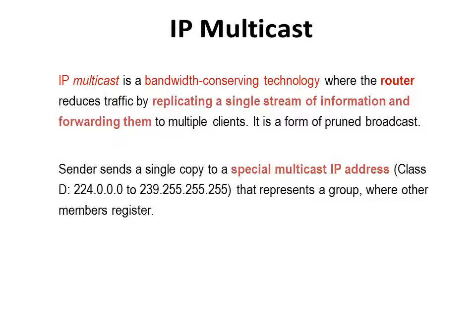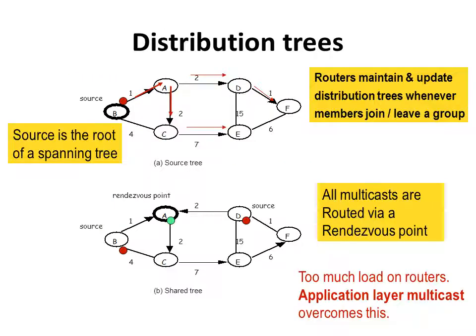Now, other than that, you need to know the 2 kinds of distribution trees, the source tree and the shared tree, and how they work. Right, so with the source tree, there is a new spanning tree formed every time there is a new source, and in a shared tree the rendezvous point remains constant, and any source can send a message to the rendezvous point, and there is still a tree.